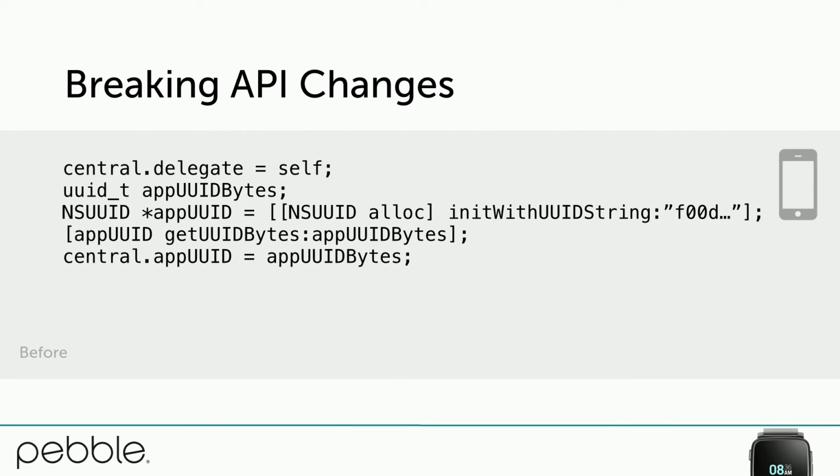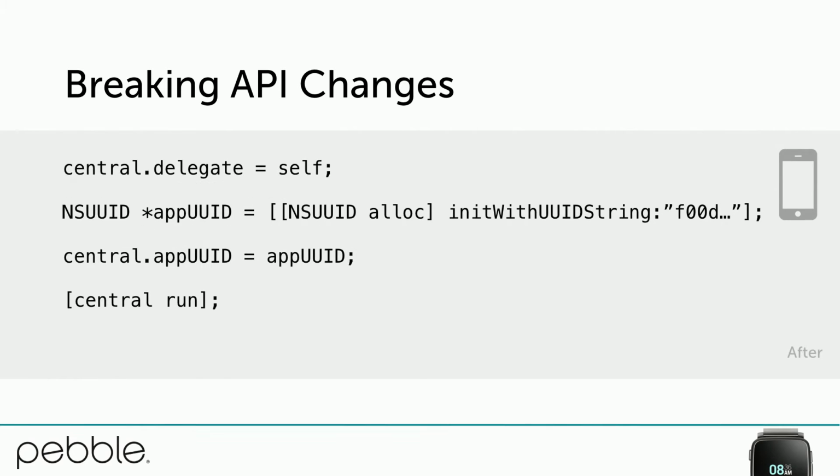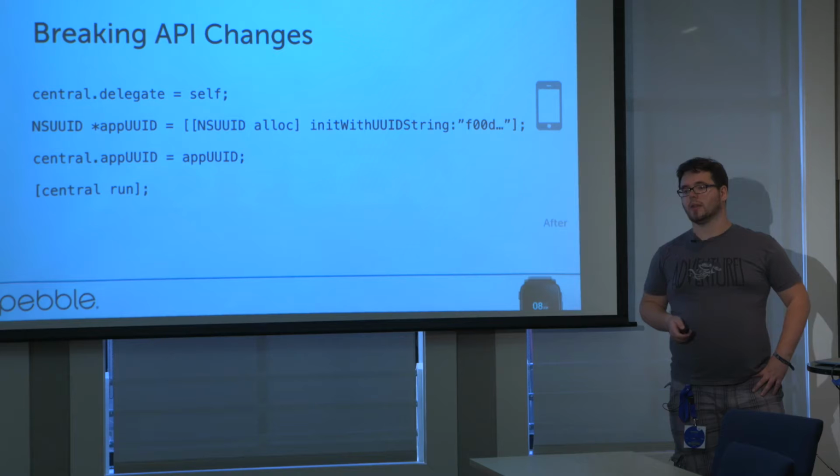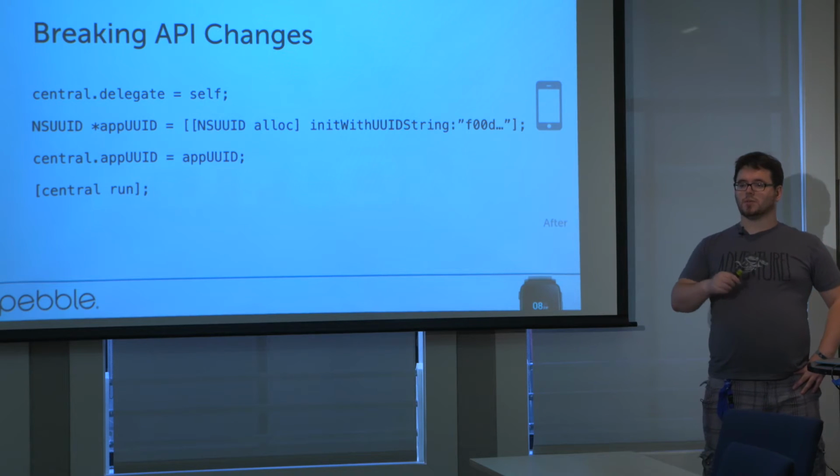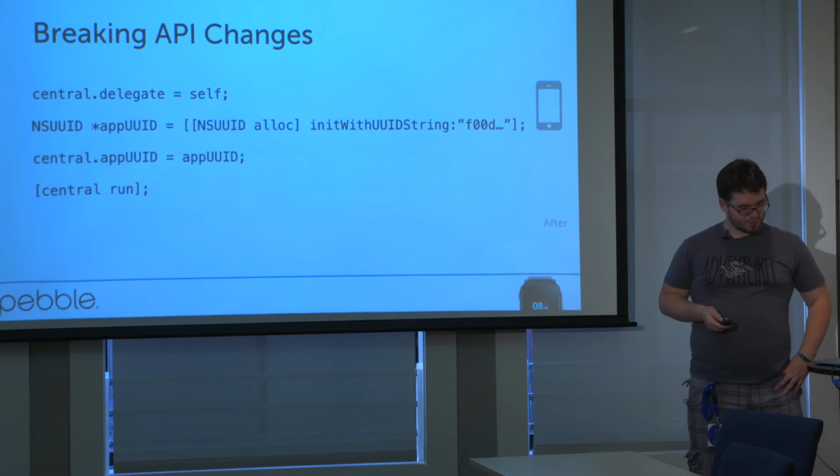That's not possible anymore. You first have to use a new run method. So this is the old style. You would just set up the central, set the delegate, set the app UID, and now the only thing that you have to change is remove some lines, just use NSUUID, and at the end you have to call central run. Only after you did this, it will start talking to devices.